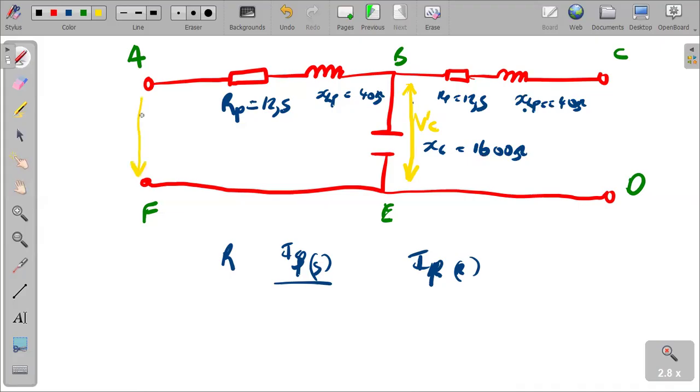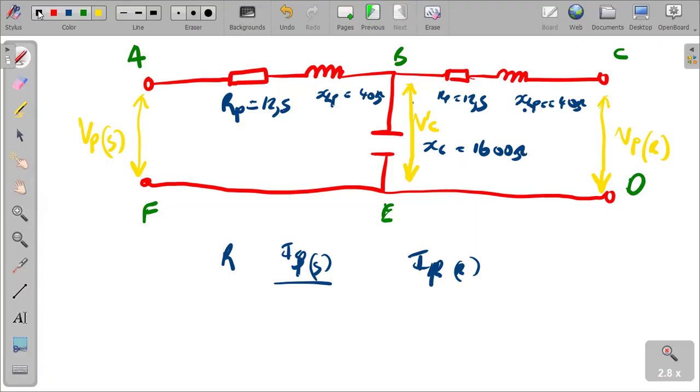This is marking our VPS. We are calling this the sending end phase voltage. And this is marking our receiving end phase voltage. I'm going to call it VPR again. Remember, I said I want to put emphasis on understanding that these are phase values that we are dealing with, or values per phase, right?